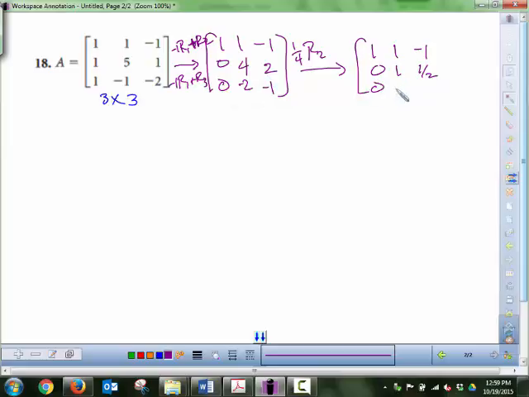And then from here, I'm going to use my pivot 1 to get rid of the one above and below it. So I'm going to take row 2, multiply that by -1, and add it to row 1, so that I have a 0 up in that slot.